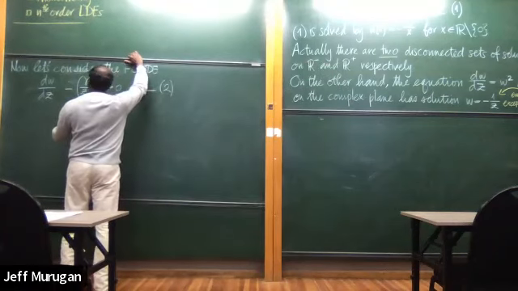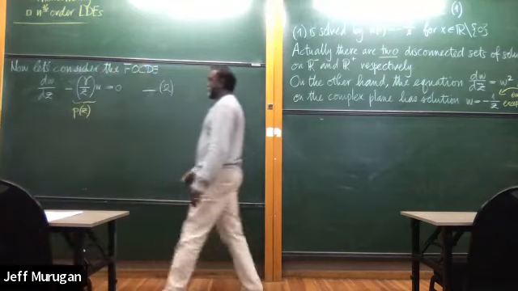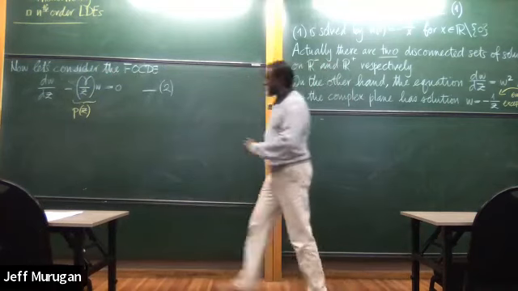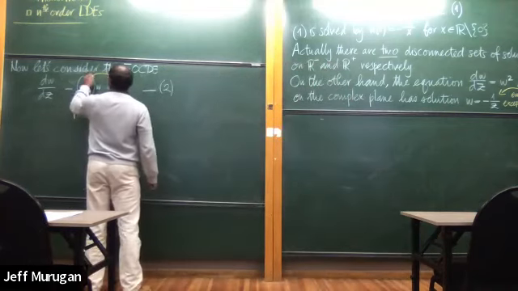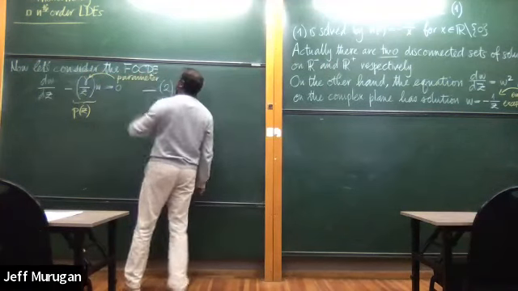I'm going to call this coefficient function p of z. And p of z depends on a parameter gamma.